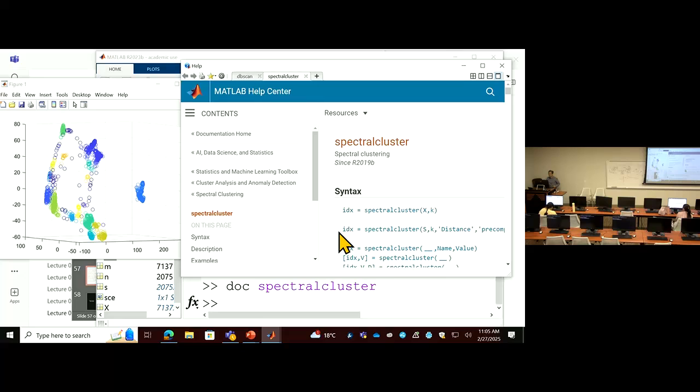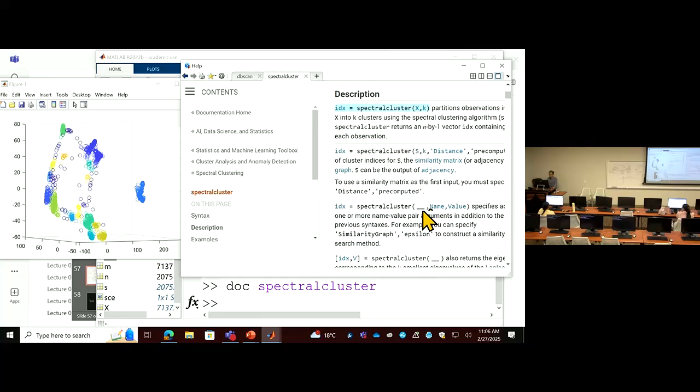Okay, so from this documentation, we can see this is also a relatively new function introduced in 2019. You need 2 parameters to make this run. The first is the data you put in. You can use either the big X, or in our case, we use the S using embedding rather than X. And you need a K. So this K is a number of clusters, okay?